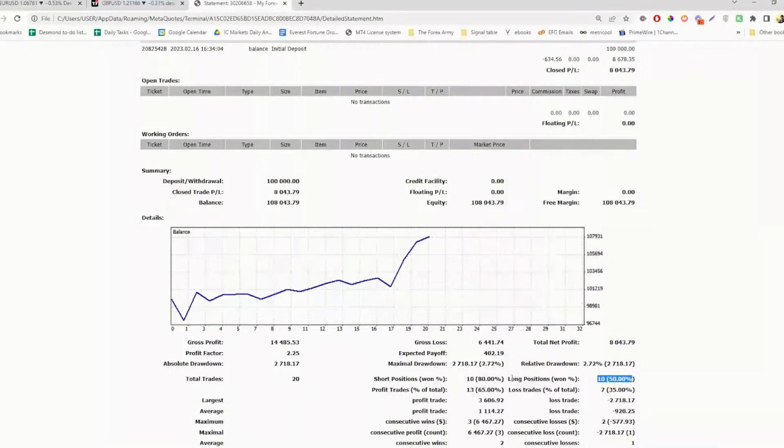Most of our trades were profitable, so it's a nice 65% hit rate. Pretty good risk reward: average profit is 1147, average loss is 920. So I managed to make pretty decent money with this setup.